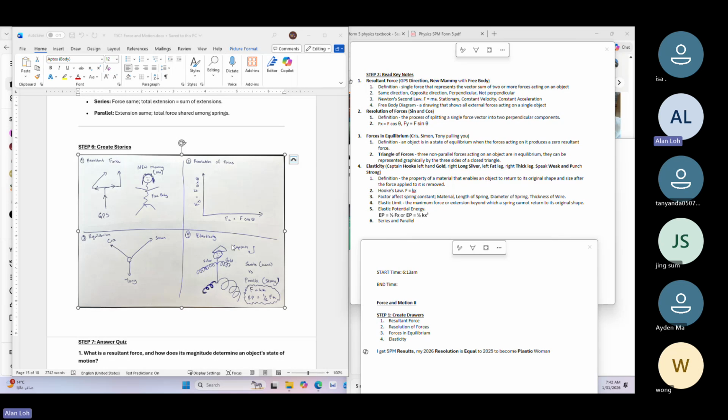Elasticity. Elasticity is Captain Hook. Captain Hook is usually the captain that is like a pirate, in the movie or in the series. And this Captain Hook is very funny. He has two arms. Left arm is with gold, right arm is with silver.